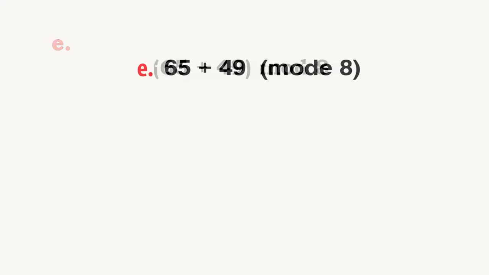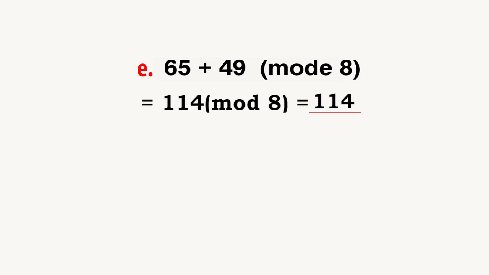We have 65 plus 49 in mod 8. So again, we add the two numbers and we get 114 mod 8. We have to change the 114 to a smaller number in mod 8. So we are going to divide.